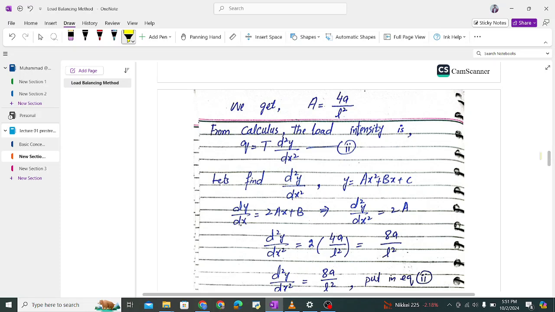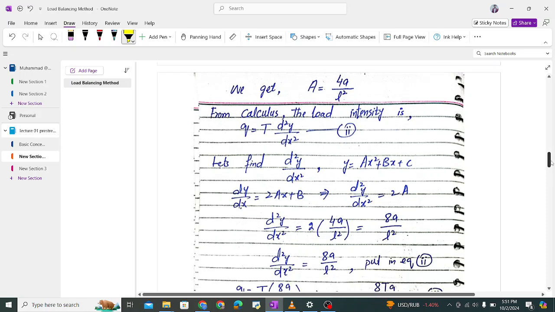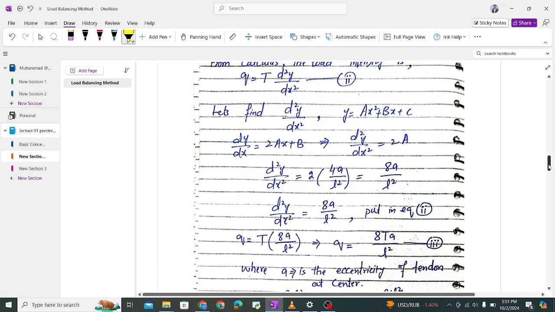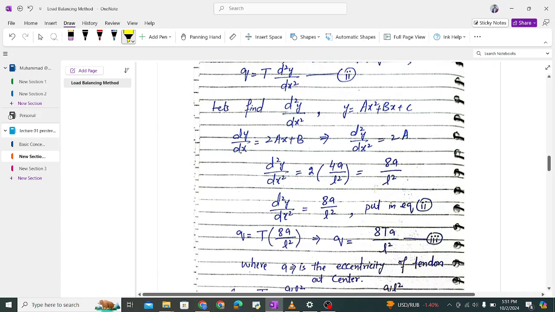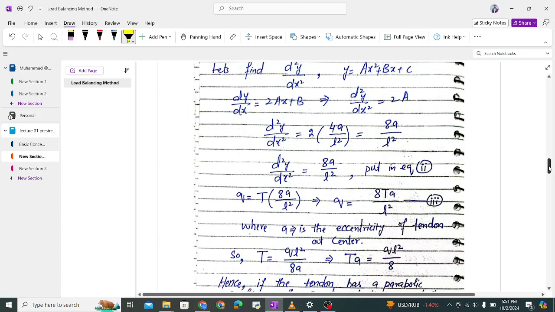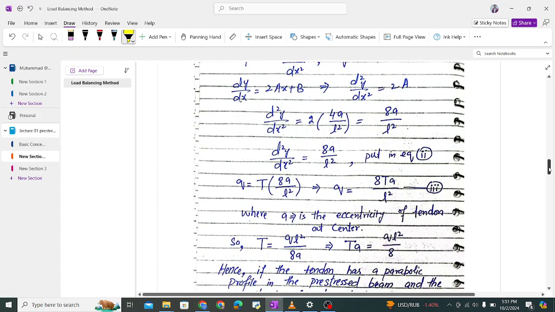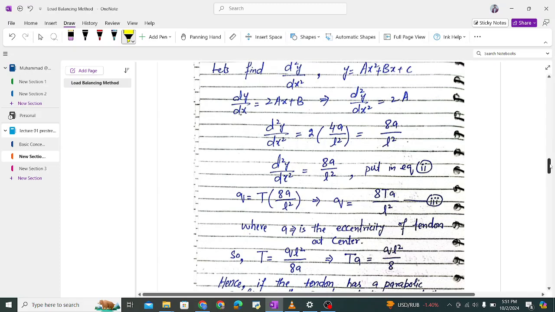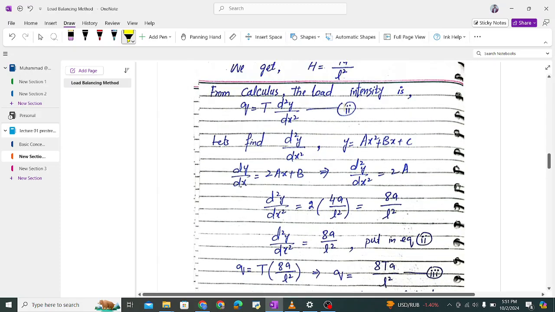From calculus, the load intensity q is equal to T times the double derivative of y with respect to x. Let's find the double derivative of y. Here is the parabolic equation. Let's differentiate it first; this is the first derivative, and here is the second derivative. It's basic mathematics, you can clearly understand the steps. So finally we got the double derivative and we put it back in equation 2, which we call the load intensity equation.